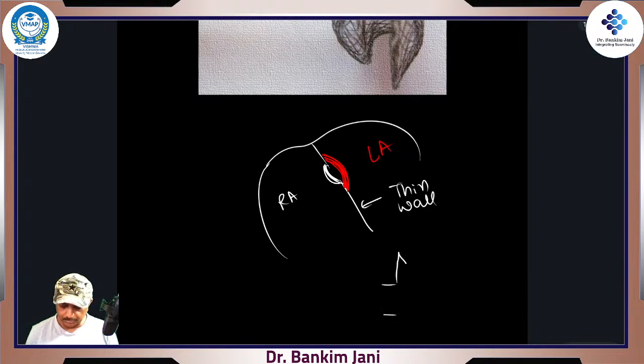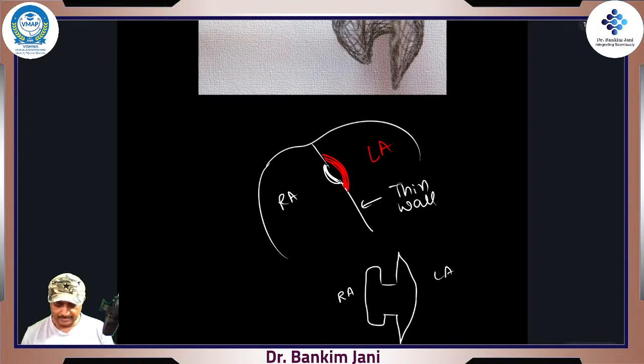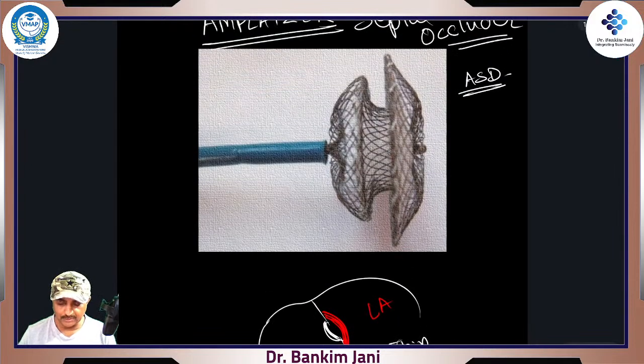This portion should be big enough to cover the left atrial side. This can be relatively small because it is to be plugged on the right atrial side. And this is for ASD. What you are watching is the ASD Amplatzer septal occluder.